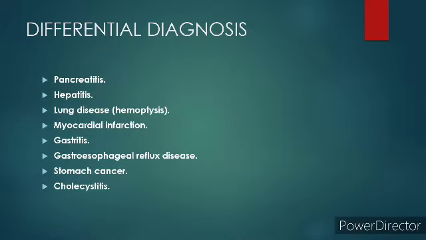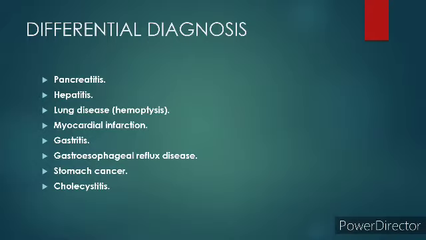Then hepatitis, which is inflammation of the liver. Lung diseases or hemoptysis. Hemoptysis means coughing up of blood. Then myocardial infarction. This is failure to supply, when there is some limited supply of blood to a heart muscle.